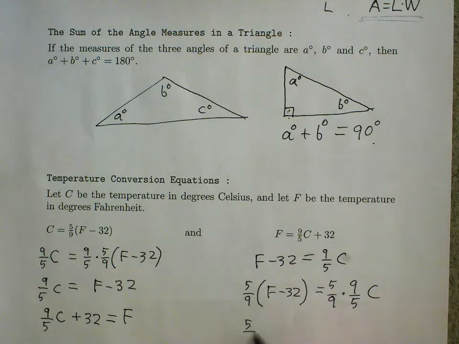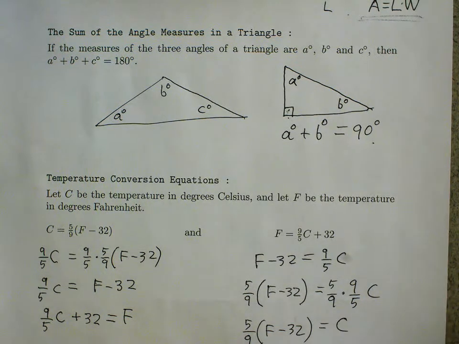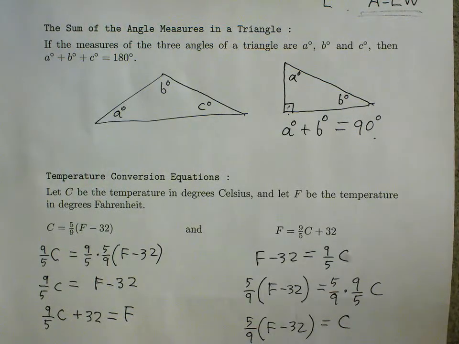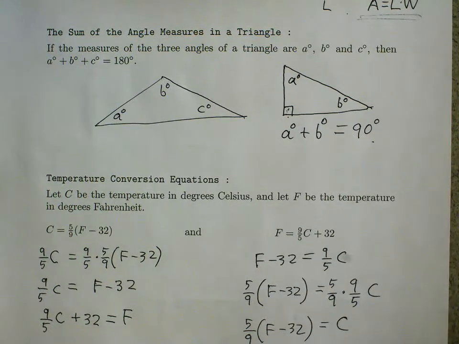So we just get 5/9 times the quantity F minus 32 equals C. Okay, that gives you a little bit of practice of solving a formula for a specified variable.